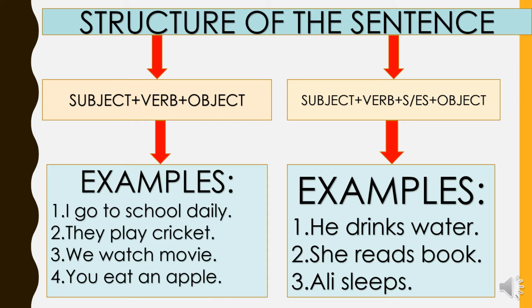Right, my dear students? This is the thing you have to remember, right? You have to add s and es with verbs with third person singulars only. And with second and first person, there is no need to add s or es, right?